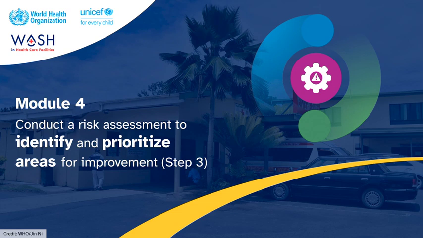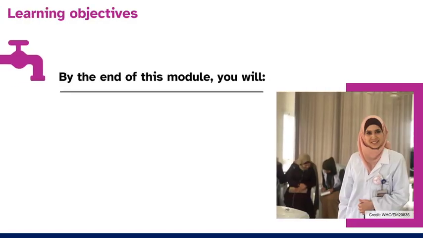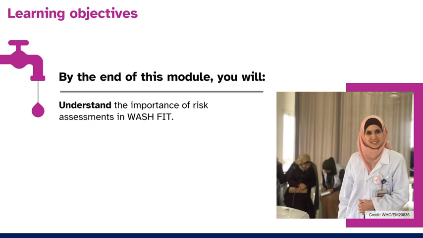In this module, we'll present Step 3 of the WASH FIT cycle, focusing on conducting a risk assessment to identify and prioritize areas for improvement. By conclusion of Module 4, you'll understand the role of risk assessments for maintaining safety and compliance.